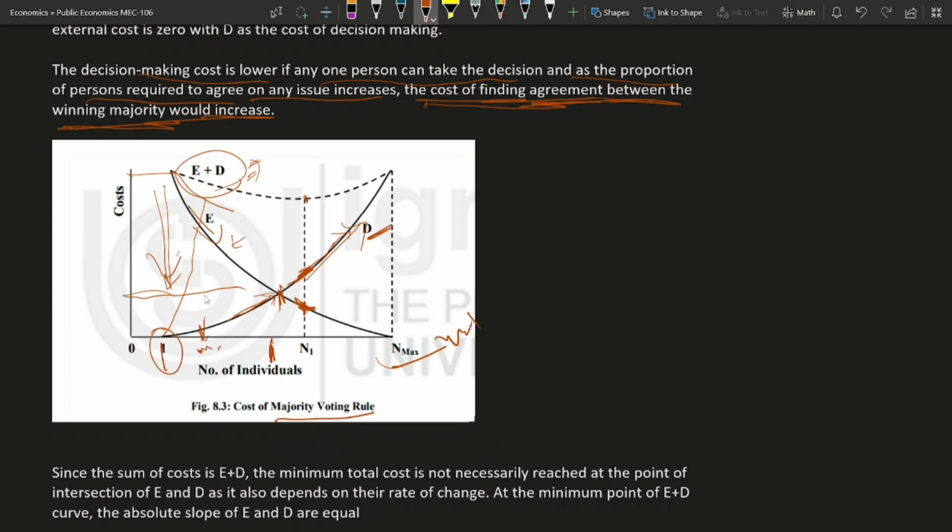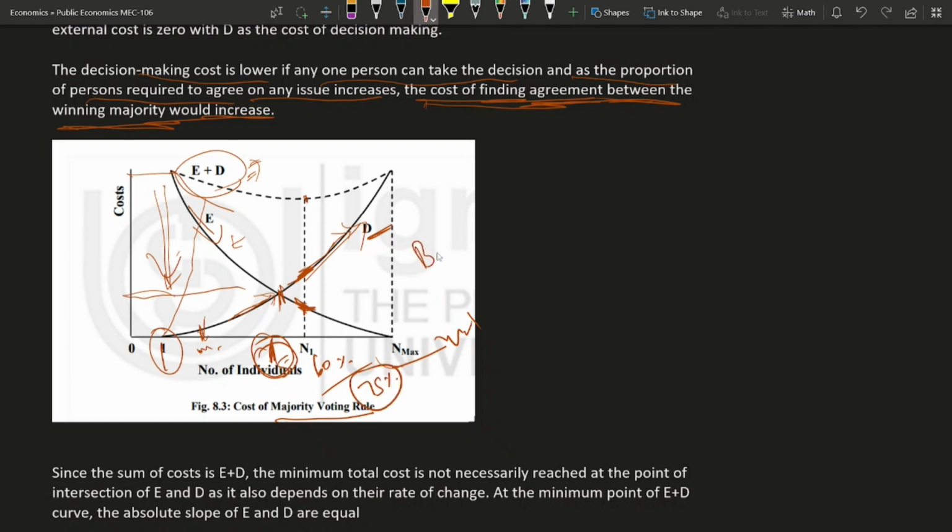So this means in some cases a majority decision is not required. We can achieve consensus or agreement with the minority winning also. And in some cases we need more than 50%, maybe a 60% or 75% majority, if that minimizes the cost.